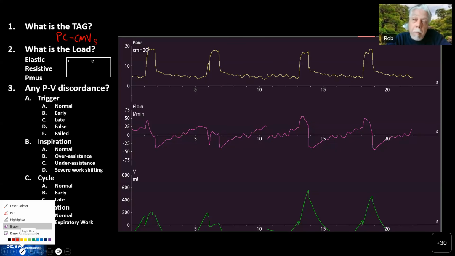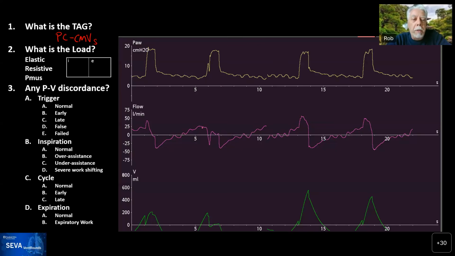So now let's take a look at the load. The next item is the load. The key here is that because we're controlling pressure, you're going to look at the flow waveform. And when there's PMUS, most of the time you're unable to see if there's elastic or resistive load, because it will be obscured by the activity of the muscle.